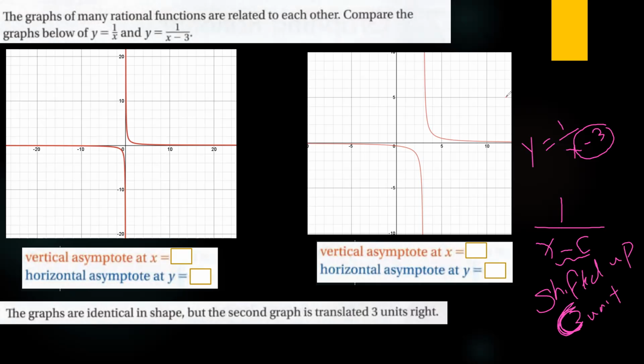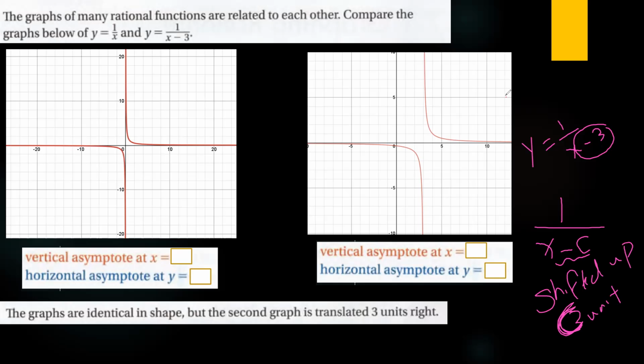This c will be the number of the shifts. If it is 1 over x minus 2, the graph will shift 2 units.